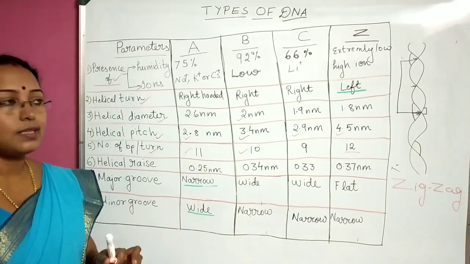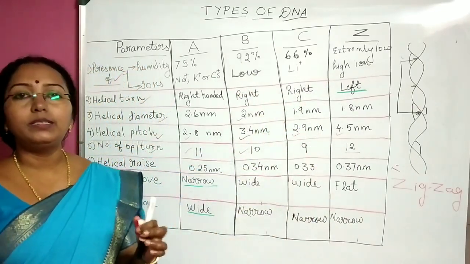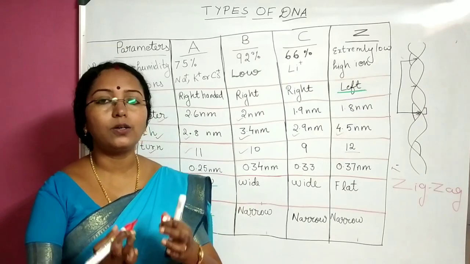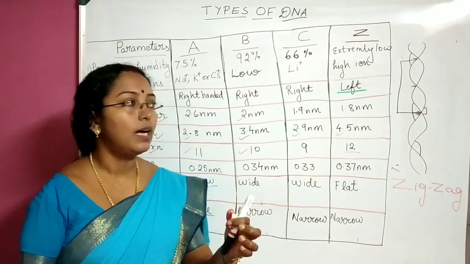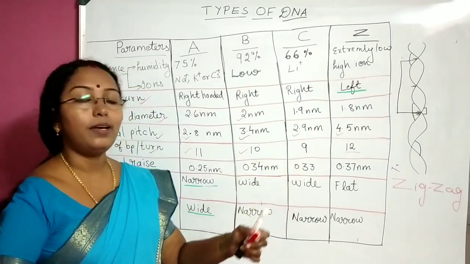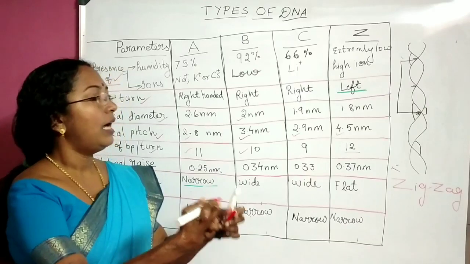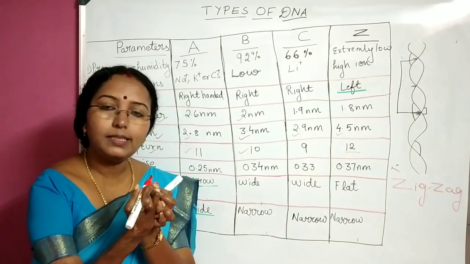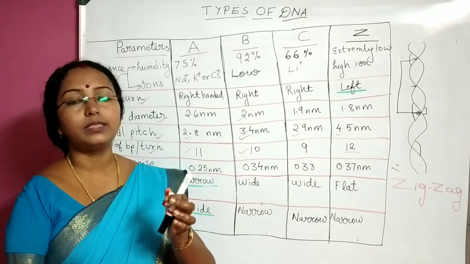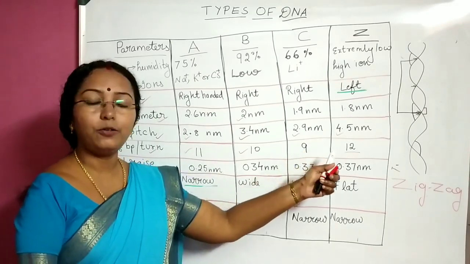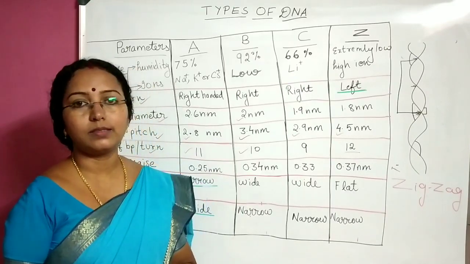So if you examine the Z-DNA, it is formed when the humidity is extremely low and the ion concentration is extremely high. It has a zigzag appearance. It is a left-handed form. The turn is left-handed. Okay, and the width is too less, 1.8 nanometer only, but the distance of one turn is very large, that is 4.5 nanometer, and in that one turn there are 12 base pairs.